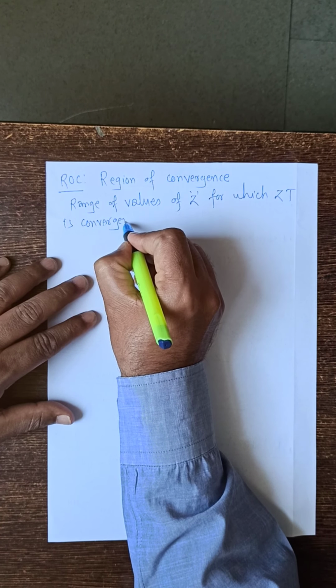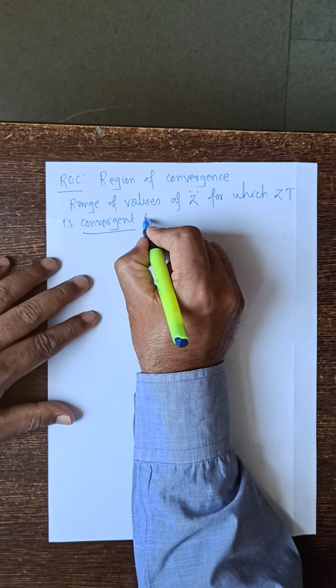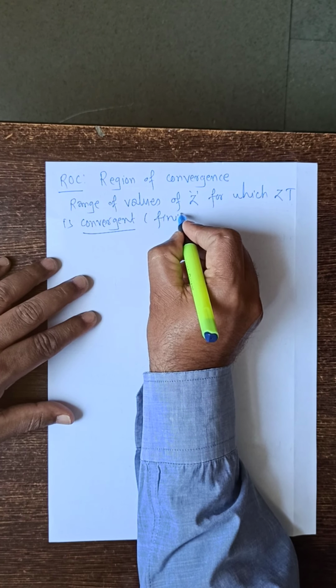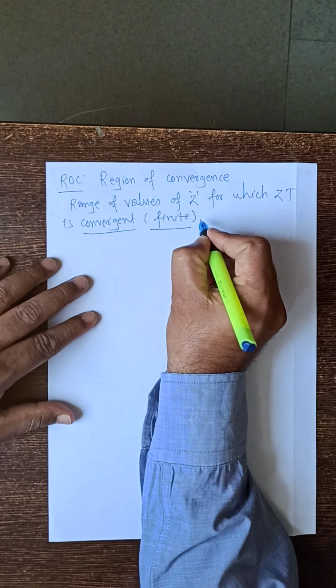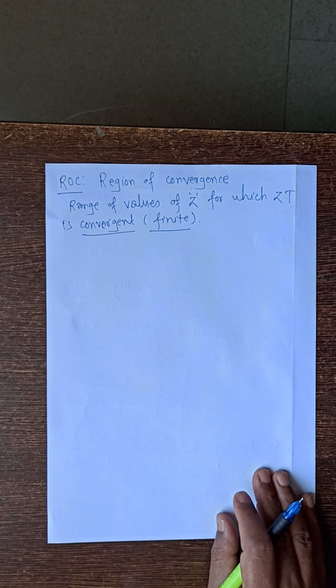Convergent means what? Finite. The z transform is convergent means finite. Okay, so this is the ROC, region of convergence.